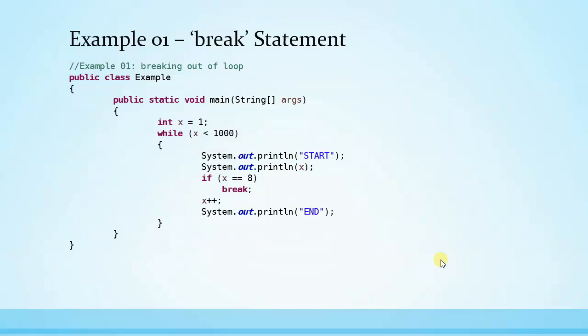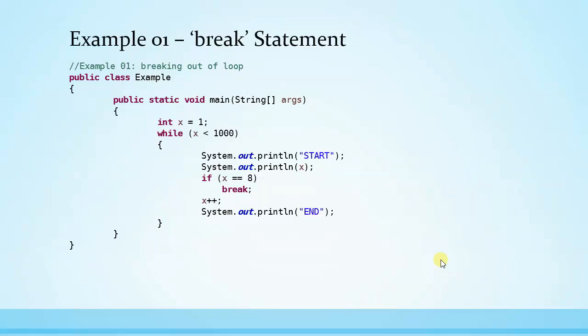So if we run this in Java, we will get console output. In the console output, we will print numbers 1 through 8 enclosed between start and end. But there is an exception.